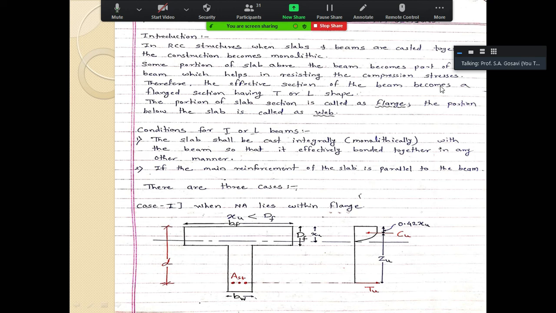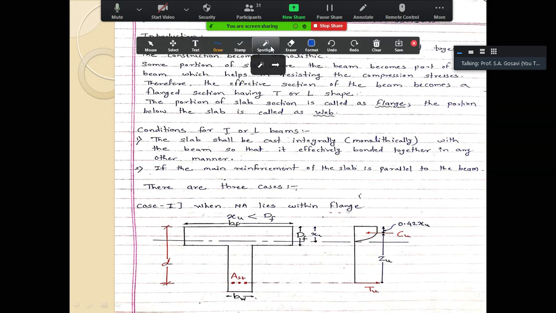Now here if you see this diagram, this is the width of the section. This width is known as BF.